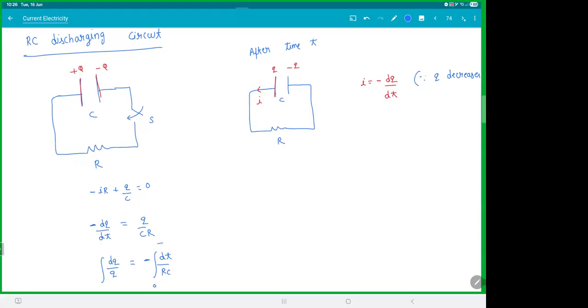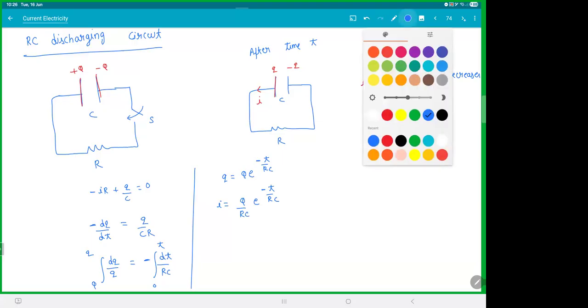This will go from 0 to t, and the limits will go from Q to small q. If you integrate this, you'll end up with q is equal to Q into e power minus t by RC. If you differentiate this, you get current is equal to Q by RC into e power minus t by RC. These are the formulas for discharging circuit.